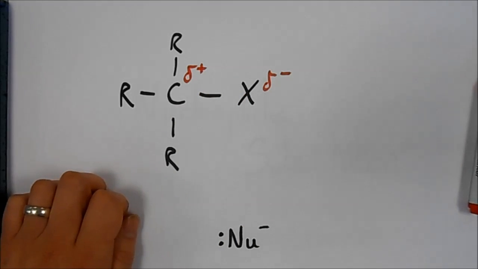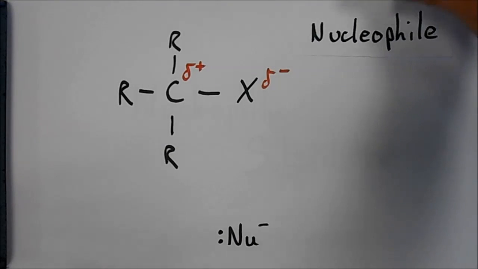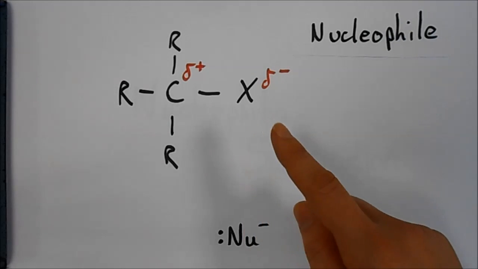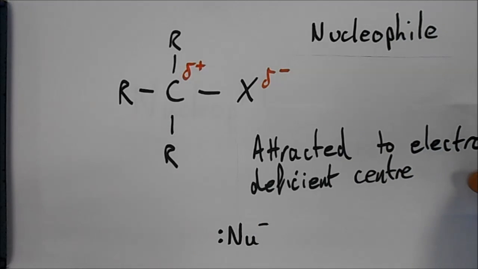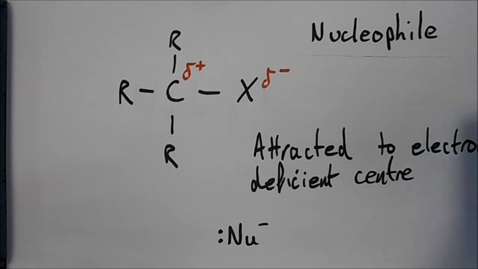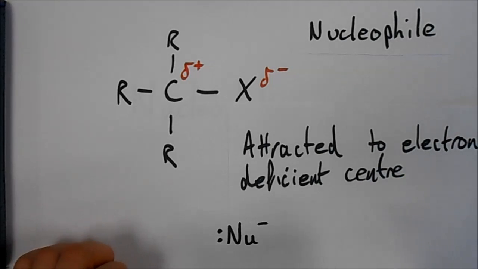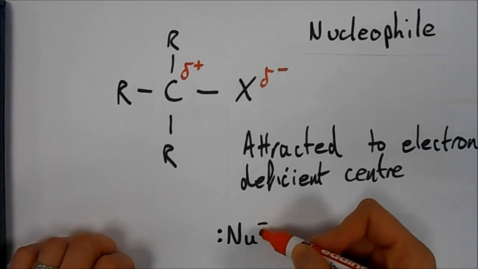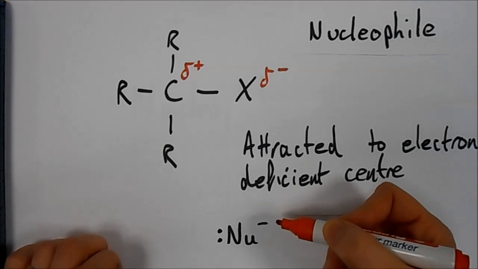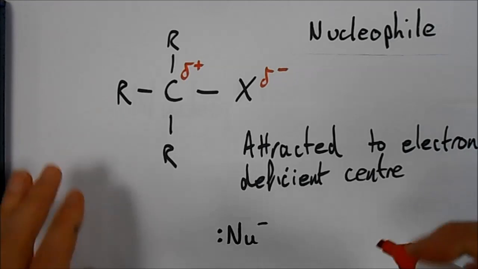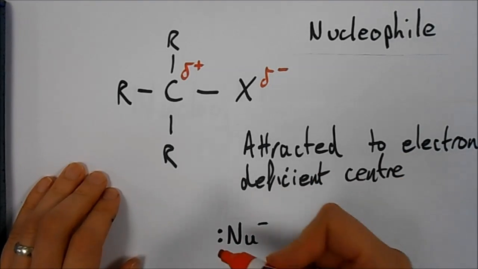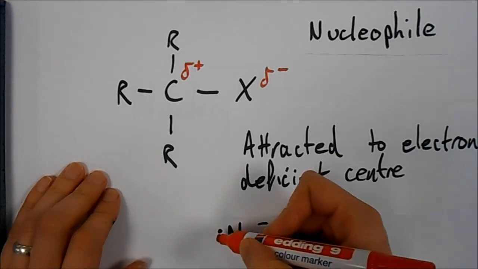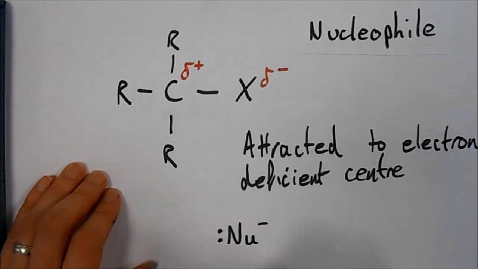So our nucleophile is going to be attracted to our electron deficient centre. How are we going to show that here? Well, our nucleophile is going to have on it probably a minus charge, not always, but most of the time, and it's also going to have a lone pair of electrons. So we're showing an attraction of an electron pair to an electron deficient centre.